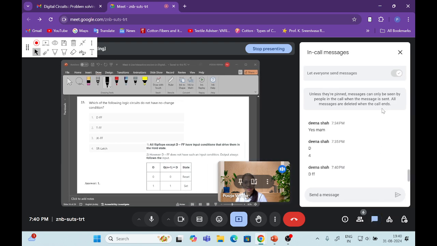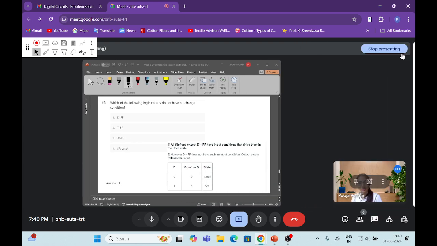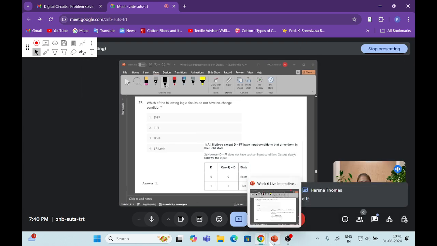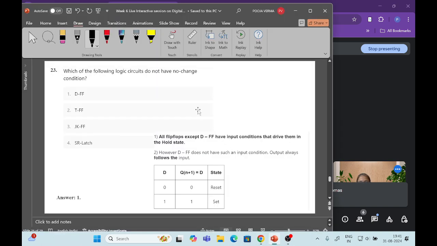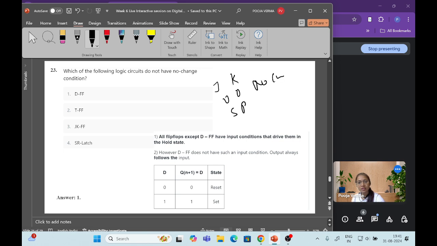In D flip-flop circuits, we don't have a no change condition, and in all other flip-flops we have a no change condition. For example, in the JK flip-flop, we have seen that at 0 0 there is a no change condition, and similarly the SR flip-flop also has a no change condition, and the T flip-flop also has a no change condition.